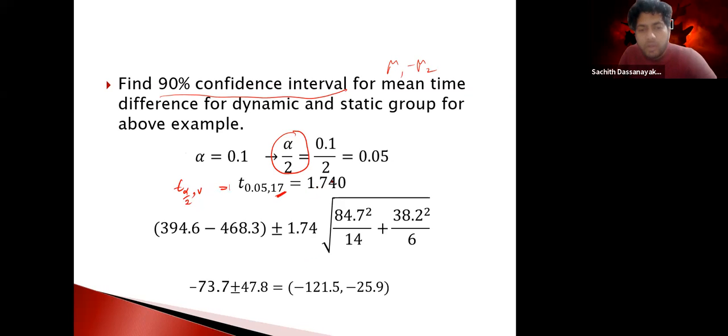That value is 1.740. As I mentioned last time, you don't have to worry about negative or positive, because the equation will cover that. Then plug the values into your confidence interval formula and simplify it a little bit. You can get this answer at the end.